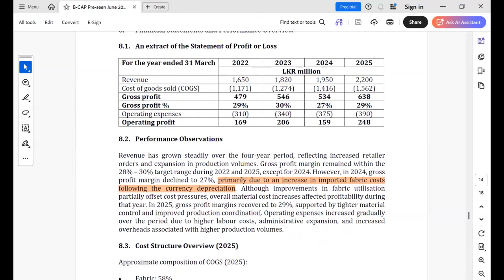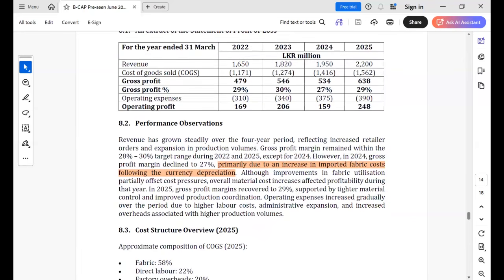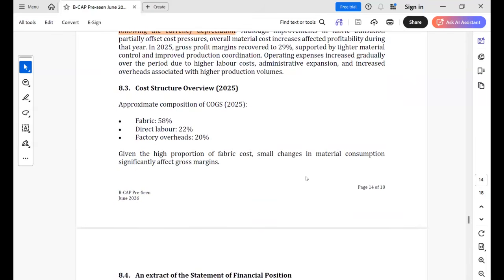What is your GP percentage? What should be your PBT, profit before tax? Profit after tax, of course, don't write it, because profit after tax depends on taxation, which is out of your control. So always focus on the profit before tax. Cost structure: fabric 58%, direct labor 22%, factory overhead.